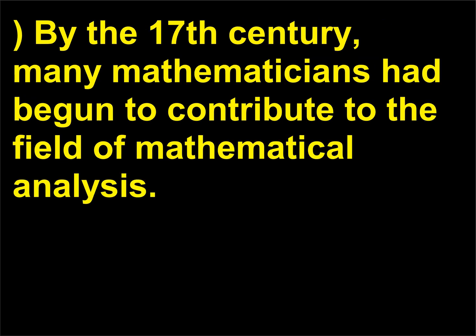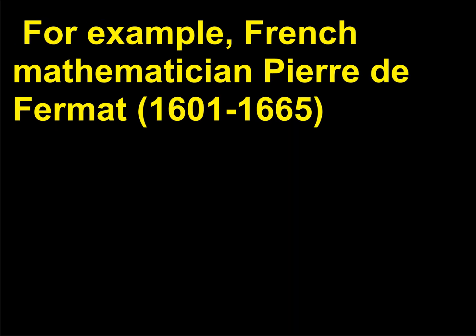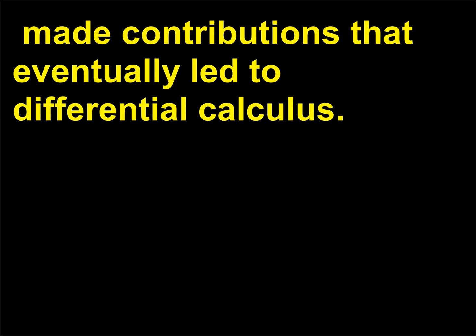By the 17th century, many mathematicians had begun to contribute to the field of mathematical analysis. For example, French mathematician Pierre de Fermat, 1601 to 1665, made contributions that eventually led to differential calculus.